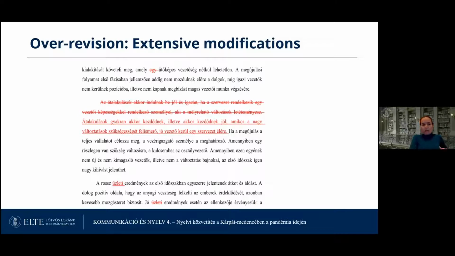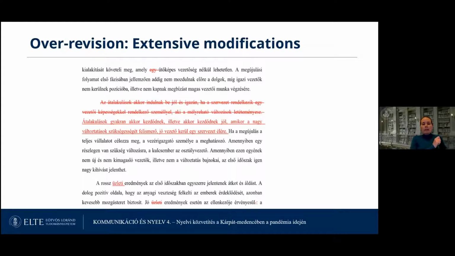We talk about over-revision also when we talk about too extensive modifications, when the reviser deletes whole sentences instead of just intervening in the place of the problem and changing the problematic expression. This way, revision is not transparent. When we try to count the problems in the translated text, we cannot easily identify where the actual problems occurred.